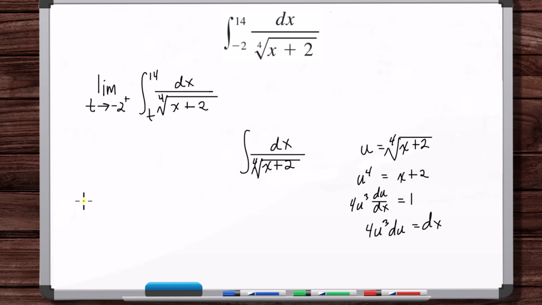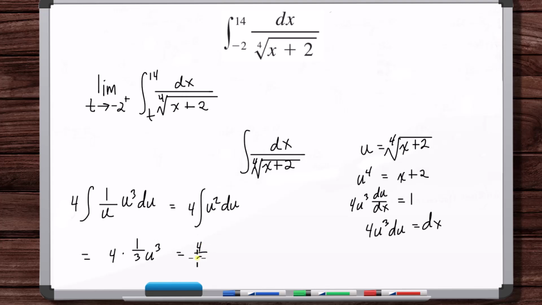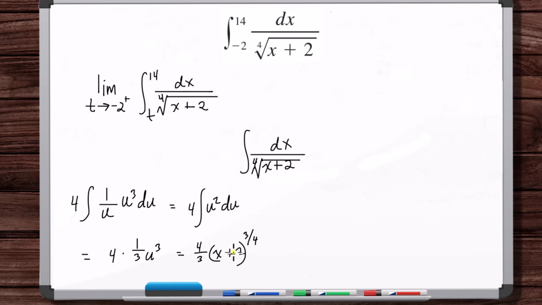So we've got 1 over u, and then take out a 4u cubed du, u squared du, so we've got 4 times 1/3 u cubed. 4/3 times, okay, we would do x plus 2 to the 3/4.